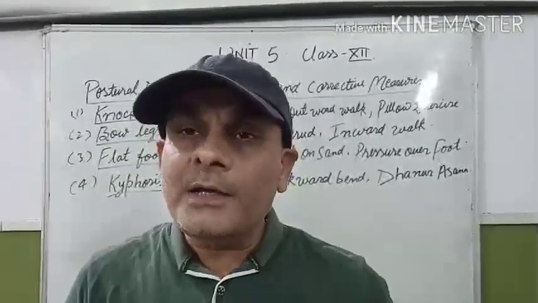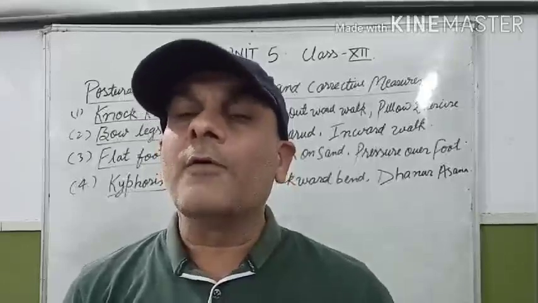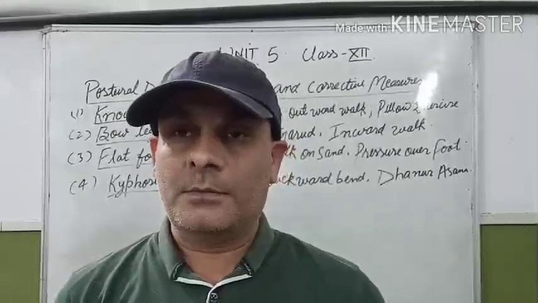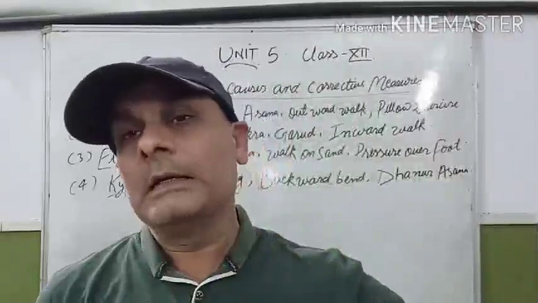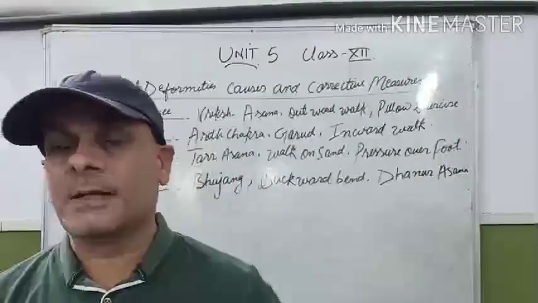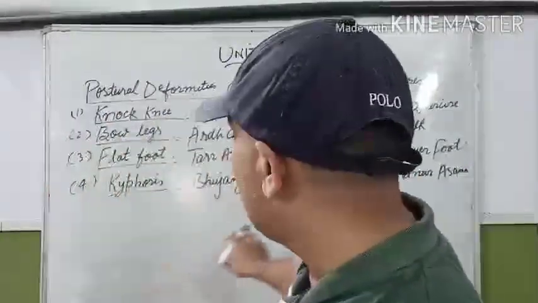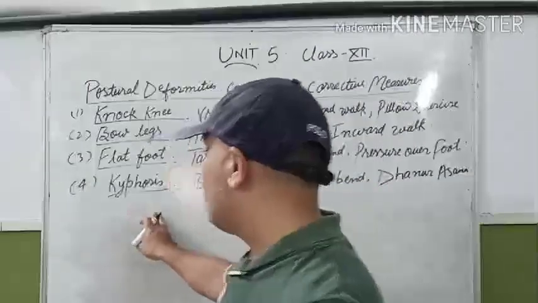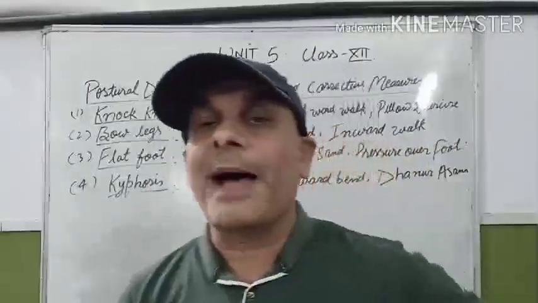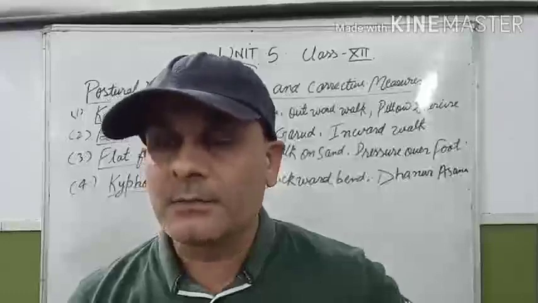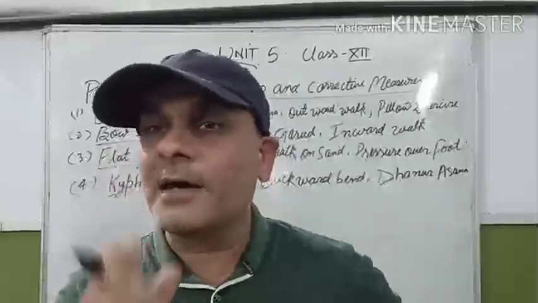Your hands should be beside your body while looking up. You already performed this asana in my previous class. If you do this regularly, then definitely it will improve your kyphosis and your spine curvature.